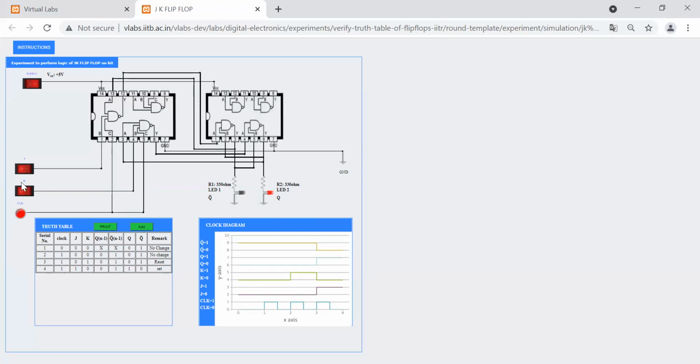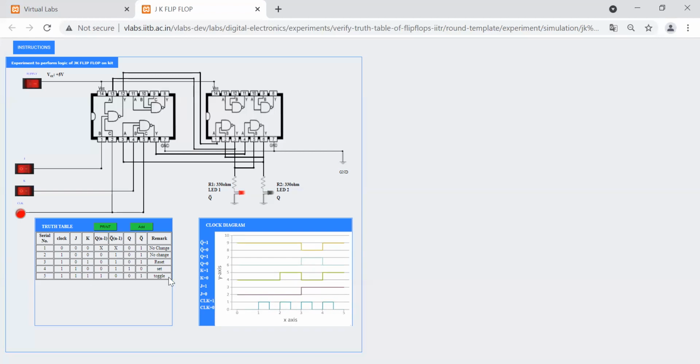In the next state, we will make J 1, input K as 1, and we will apply the clock. So here J is 1, K is 1, and we have applied the clock. When J is 1 and K is 1 and the clock is applied, this is the toggle state.